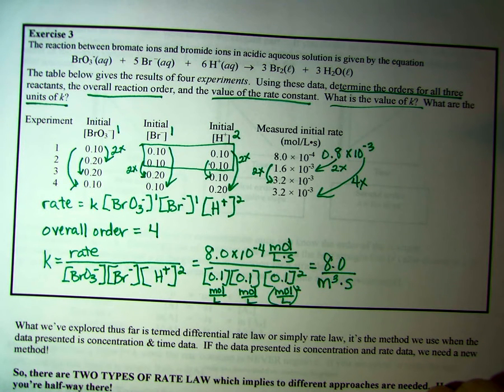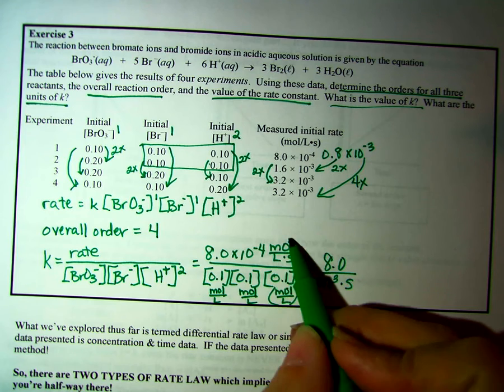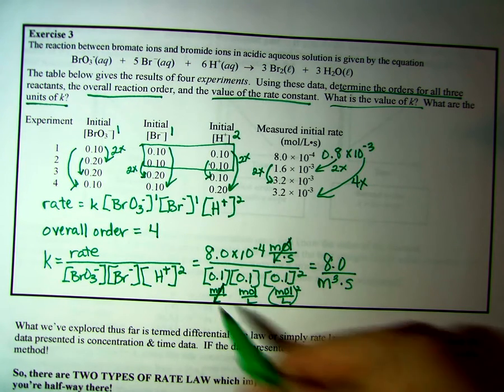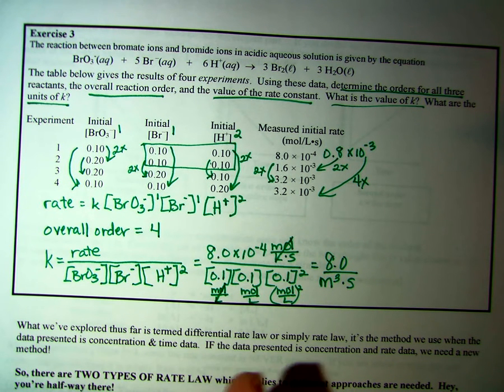All right, look at this. So we have moles per liter. One of those cancels with one of those down here. How many moles per liter do we still have? 3, which would be moles per liter cubed, or you could just say molarity cubed. And then you have to put your time, second.